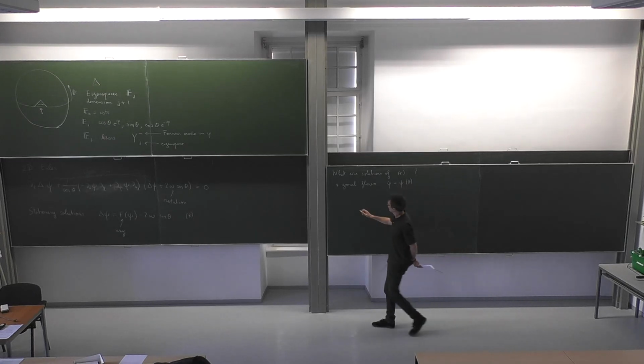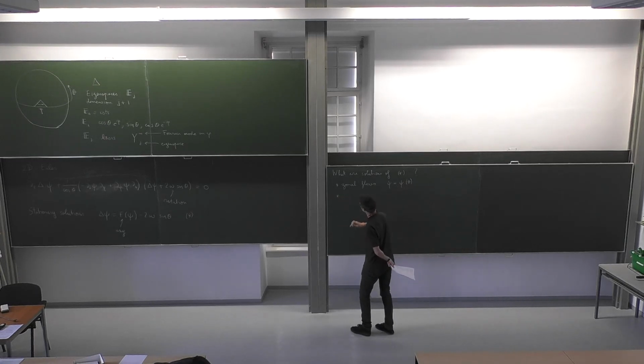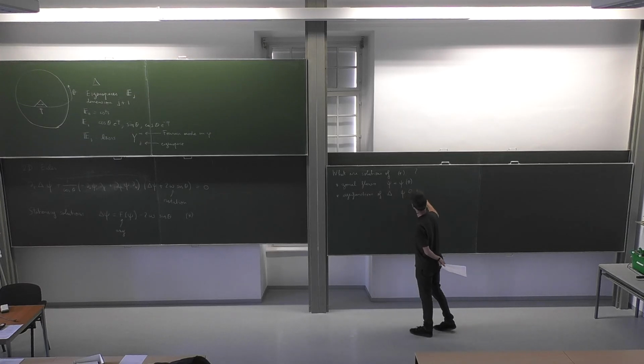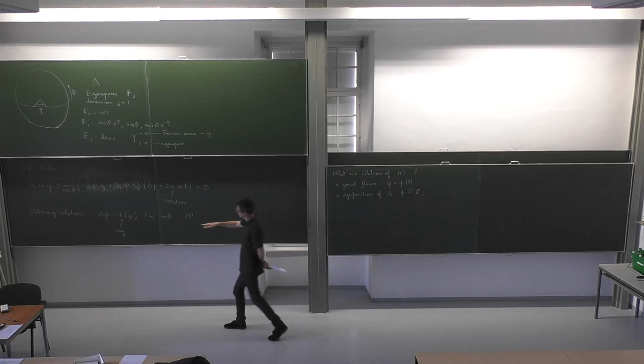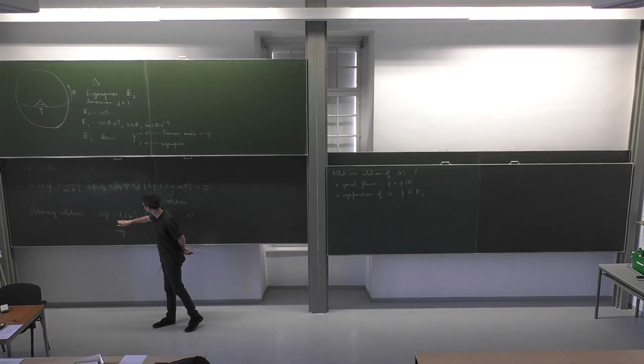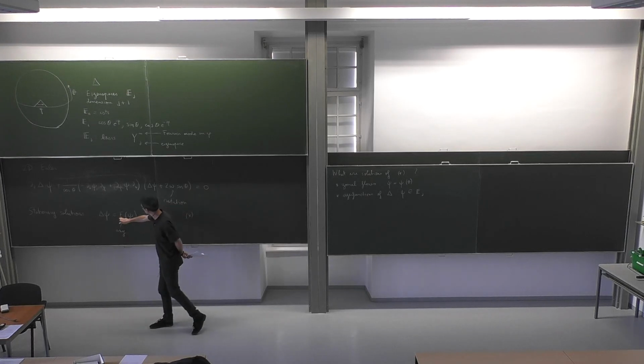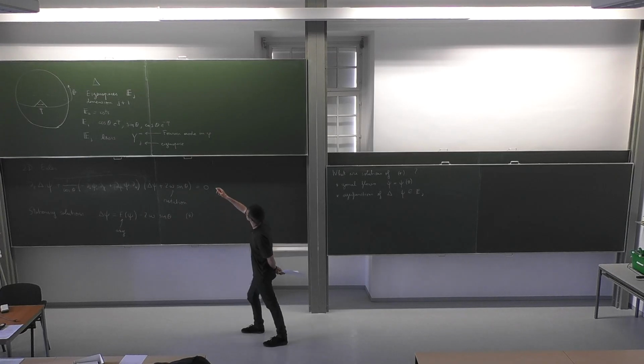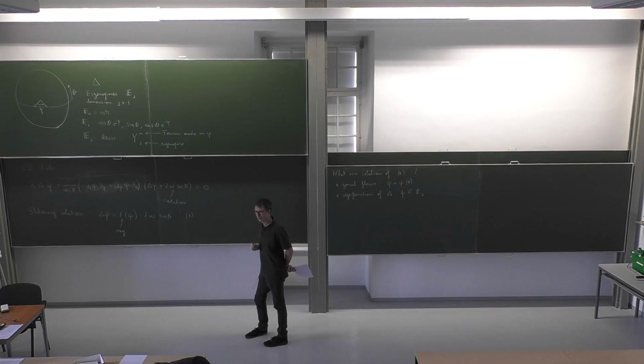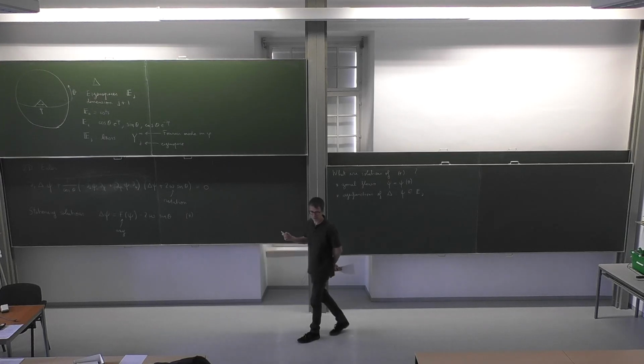And the other obvious answer is eigenfunctions of the Laplacian. So if psi is in E_j, what you can choose for f is simply the function, yes exactly, minus j times j plus 1.